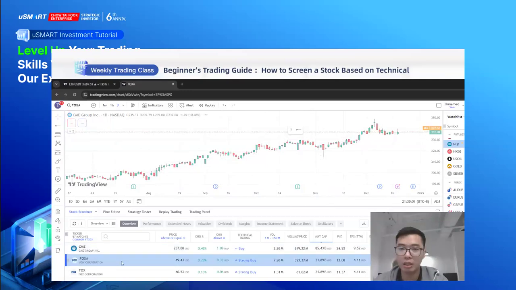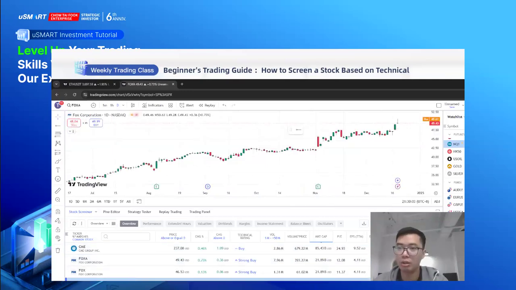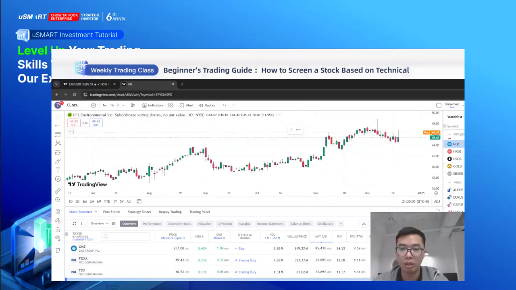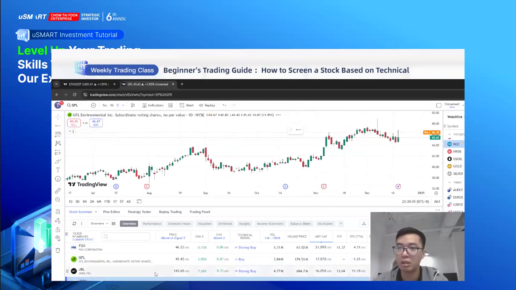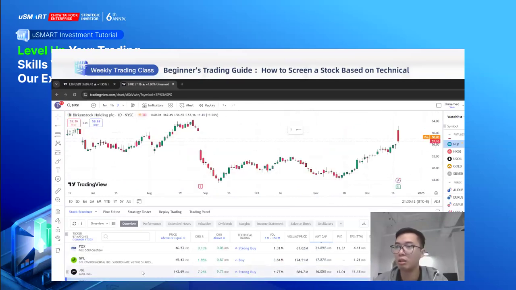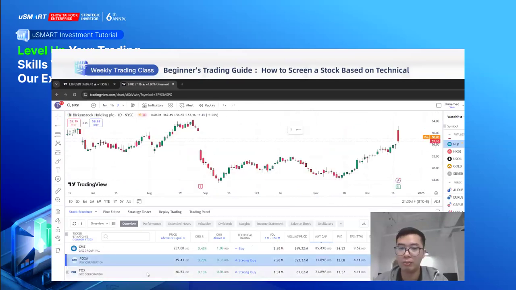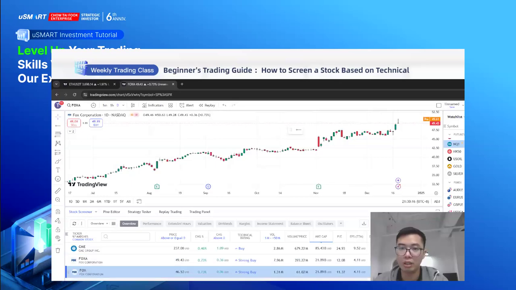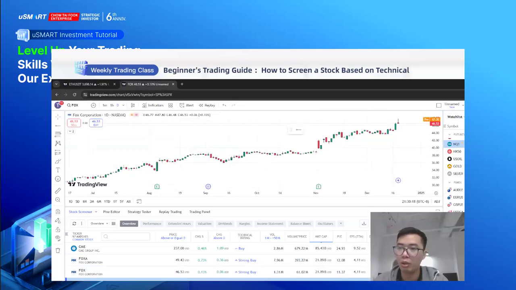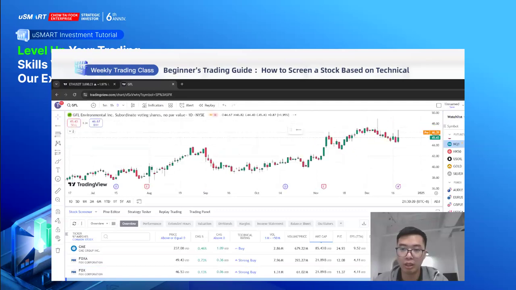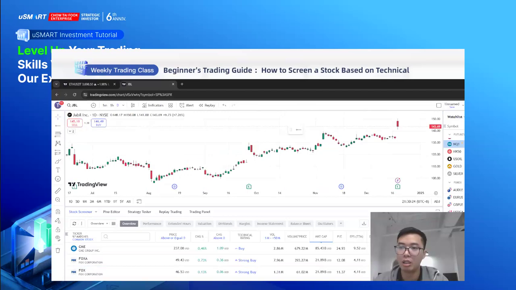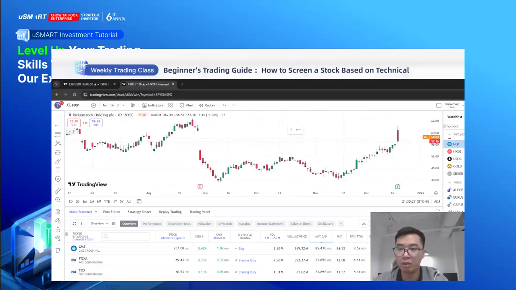So let's see how I usually find potential stocks. You find which one retraced deeper and hit the support.